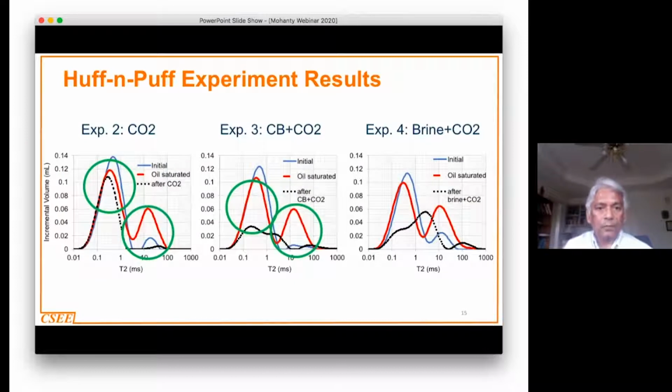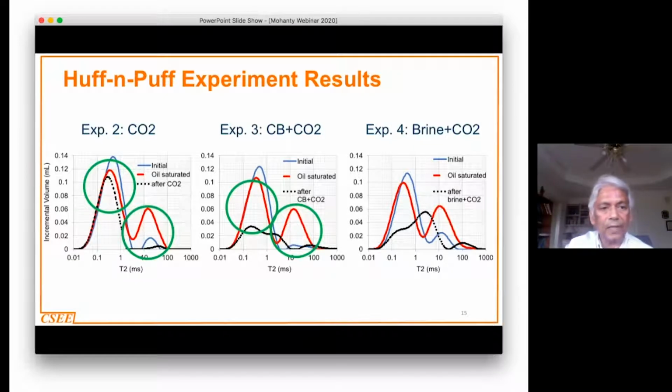Now, if you look at them in terms of the NMR or the fluid distribution, this is for the CO2 Huff-n-Puff. What it shows is red is before the Huff-n-Puff, and the black dotted one is after. We make a big difference over here. This is the oil that we had put in that we removed by doing the CO2 Huff-n-Puff.